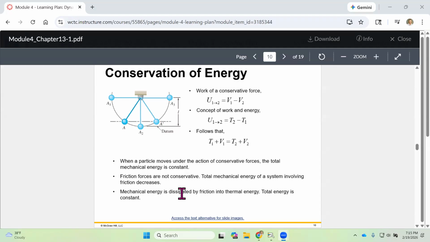When two surfaces are working relative to one another, rubbing up against each other, heat is created. So that is thermal energy that comes off of that system. That was part of the original work, if you would. As we did that work, it converted into other forms, and one of those forms is heat. Another one is audible.